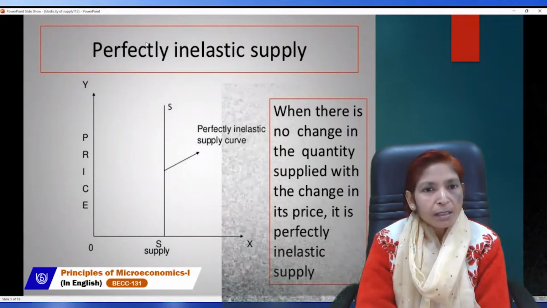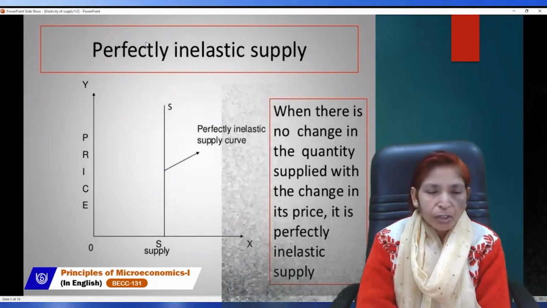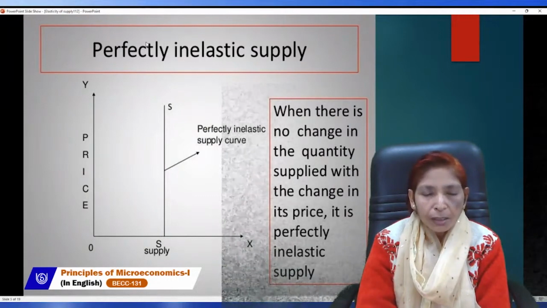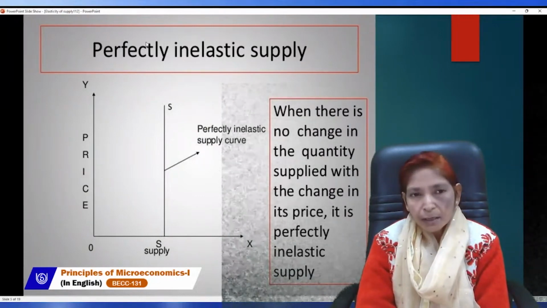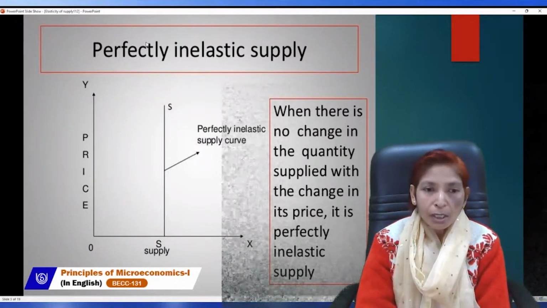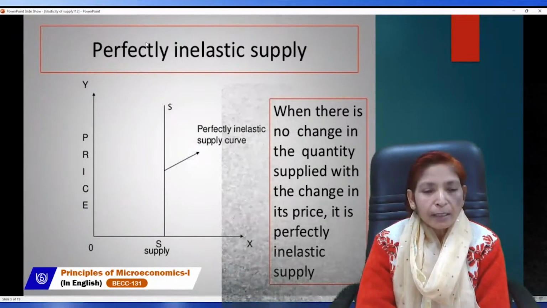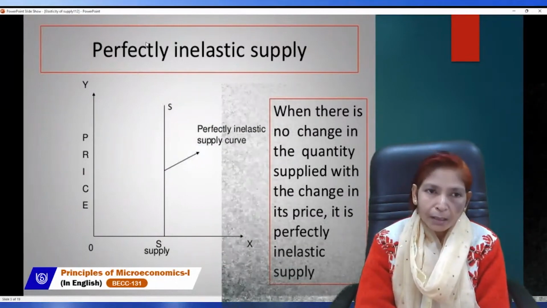In case of inelastic supply, supply will not change. You can't increase or decrease the supply of any commodity, whether price rises or falls. It means price can change, but quantity supplied can't change.